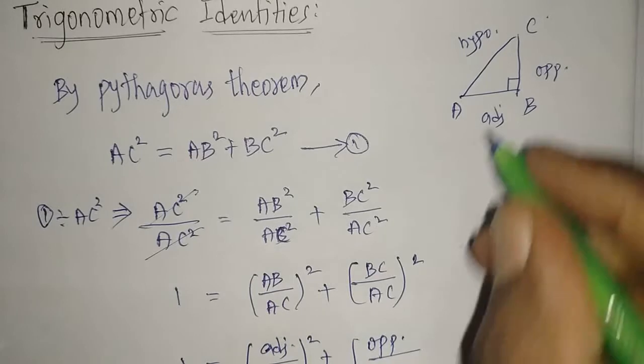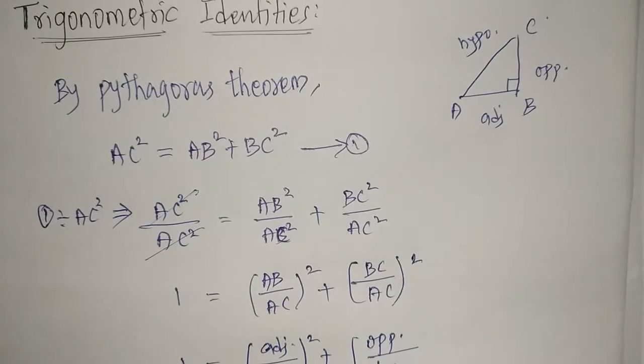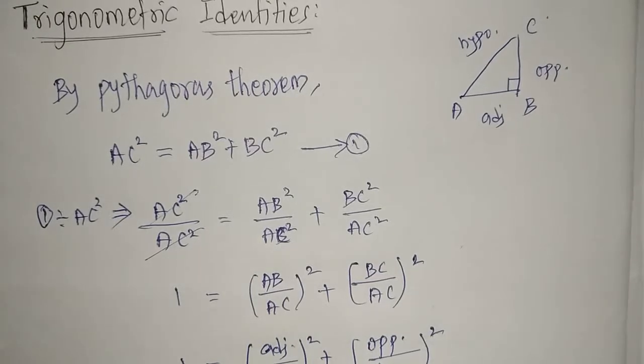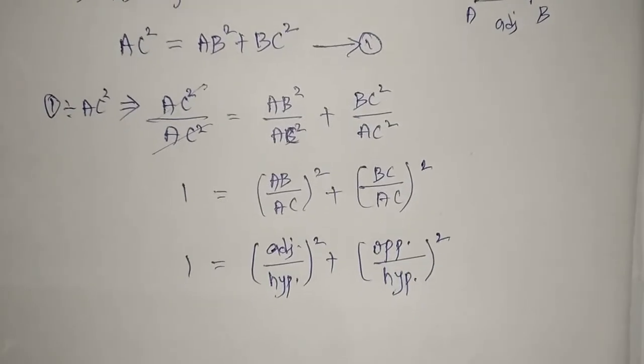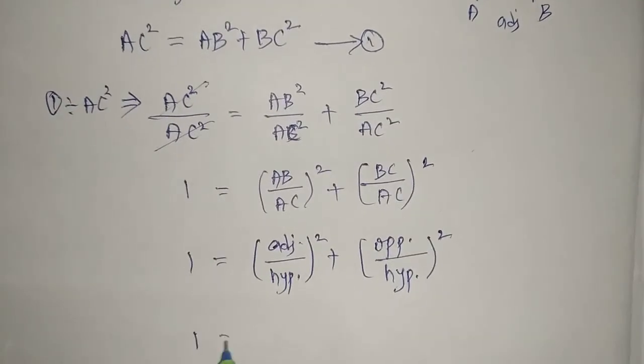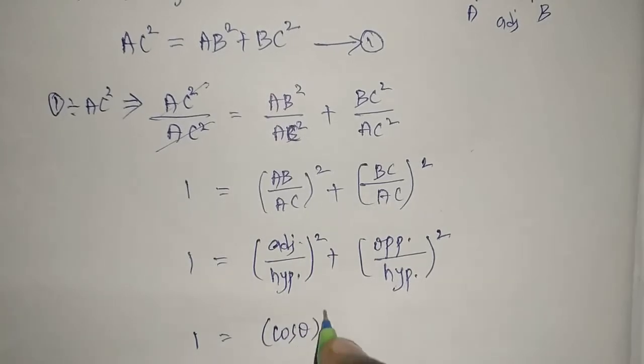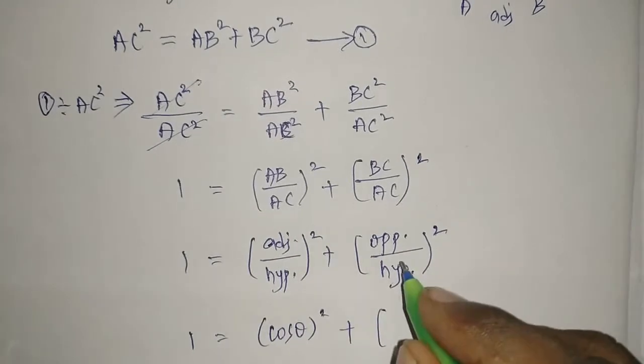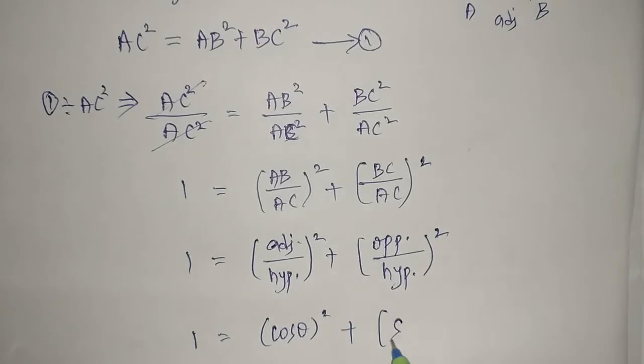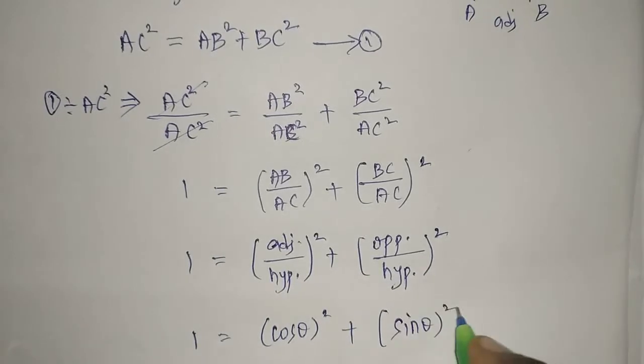Now what is adjacent divided by hypotenuse? We know very well that is cos theta. And opposite divided by hypotenuse is sin theta whole square.